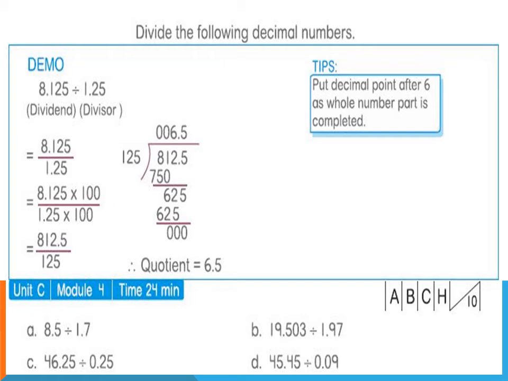You have to multiply accordingly by 10, 100, 1000, 10,000 like that in both the numerator and denominator, and then the denominator becomes a whole number. Once that is done, we will proceed as we learned how to divide decimal numbers using a whole number, and we will find the quotient. So in the same way, pause the video, take your own time and try to do all the problems in module number 4.